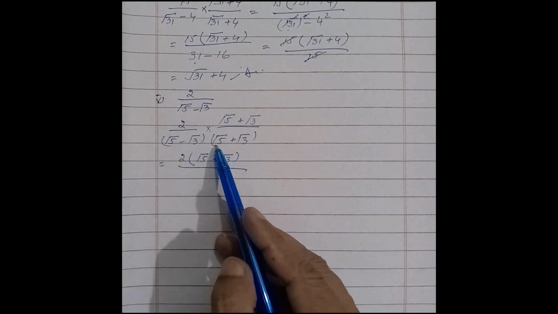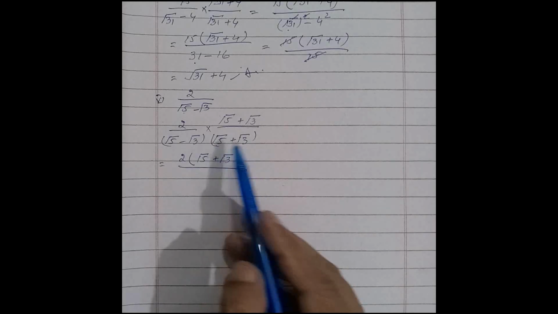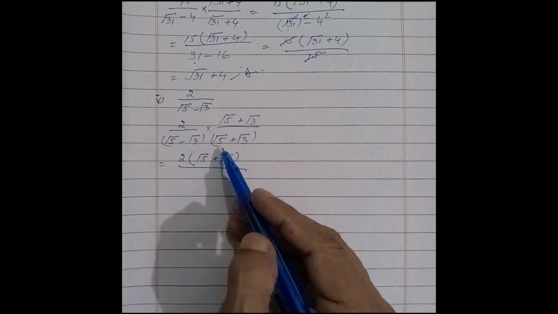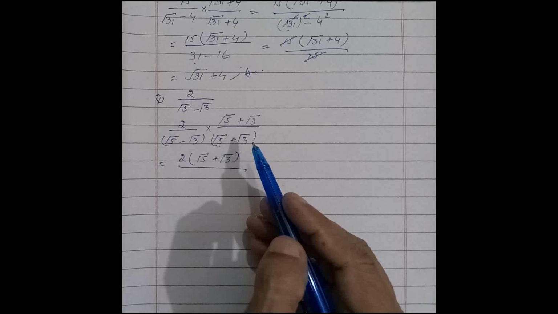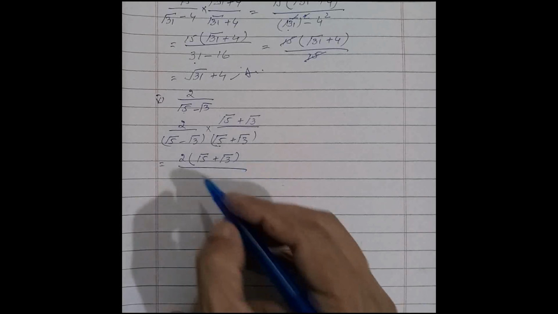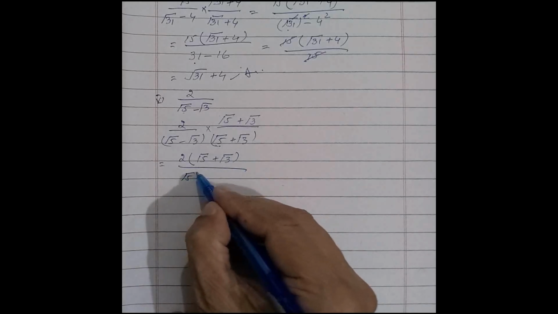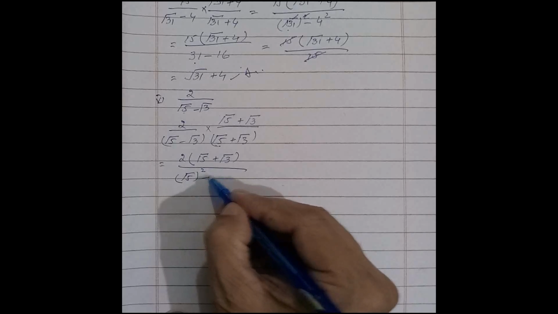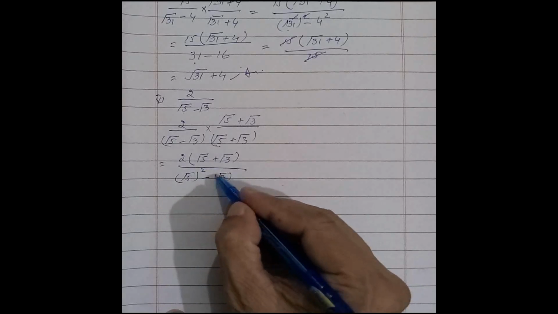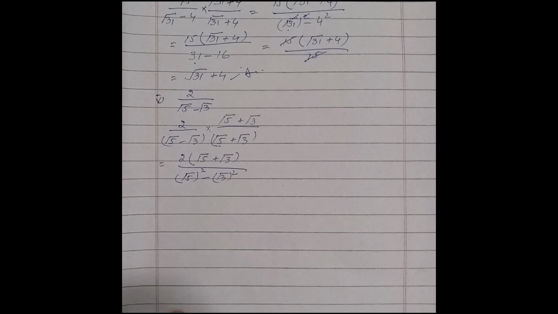The answer is a square minus b square. In this question, a is square root 5 and b is square root 3.